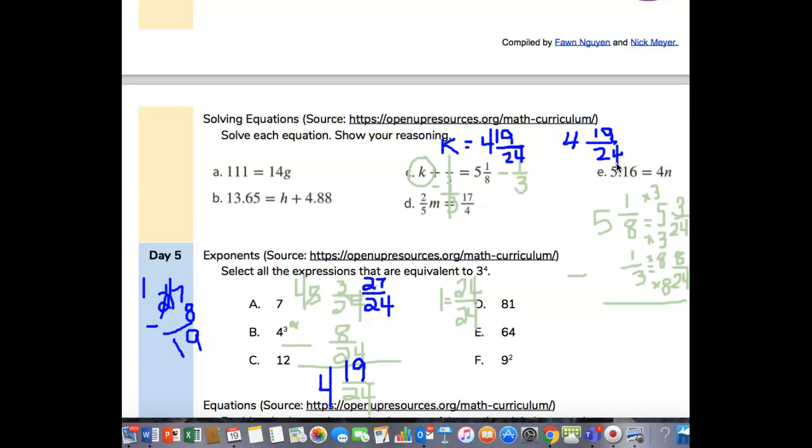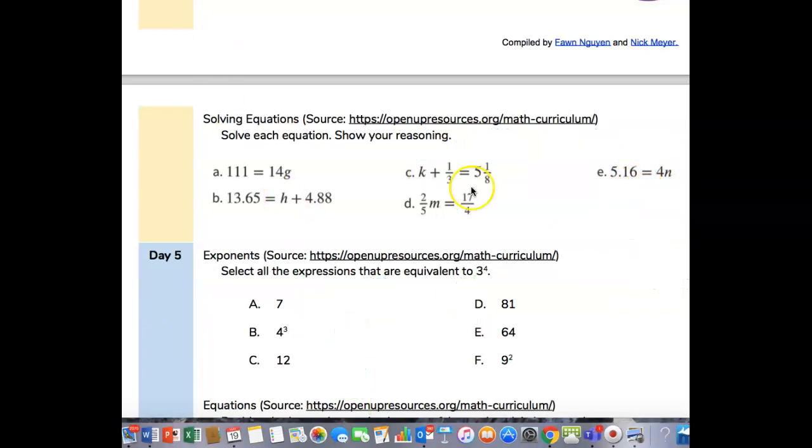These are going to take a little while. You have 3 left, but you can do this. Here you're going to solve for n, so you're going to divide both sides by 4. I'll give you a hint that you're going to end up with a decimal.